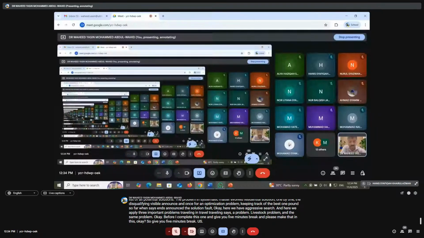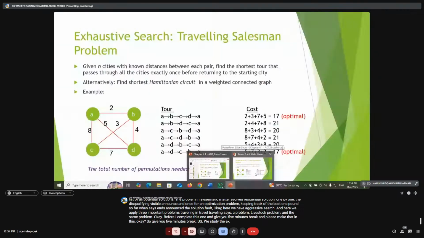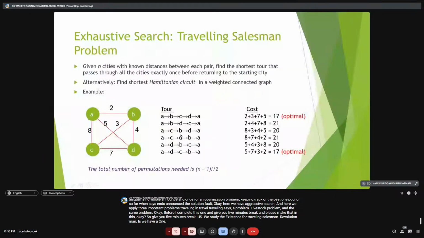Class, we study the exhaustive search for the traveling salesman. In the traveling salesman problem we have one point, and we want to visit all the points and return to the starting point.